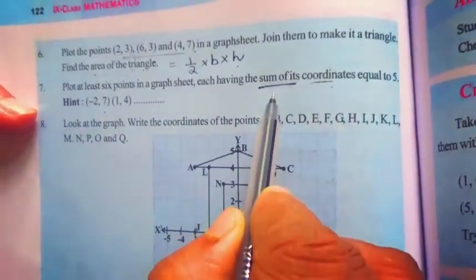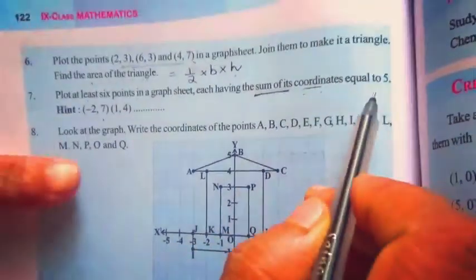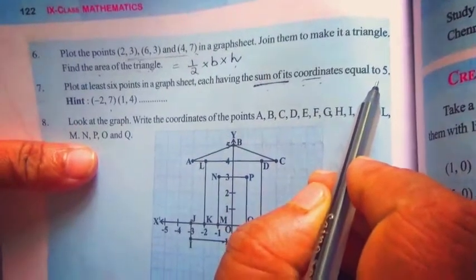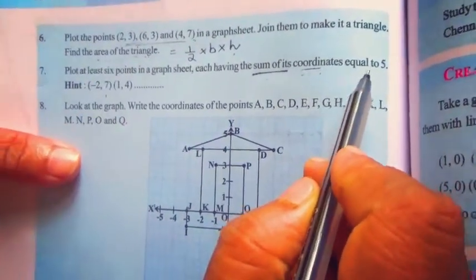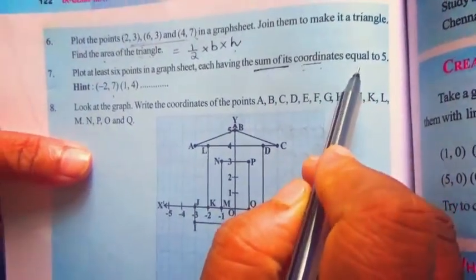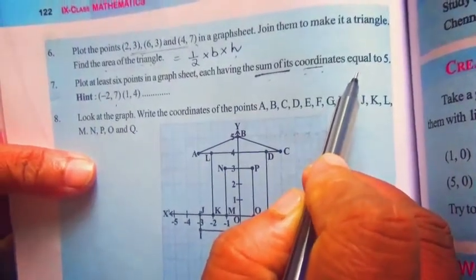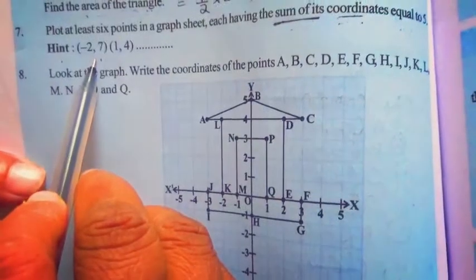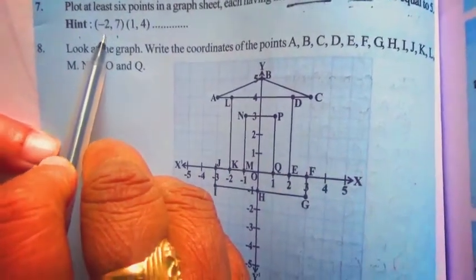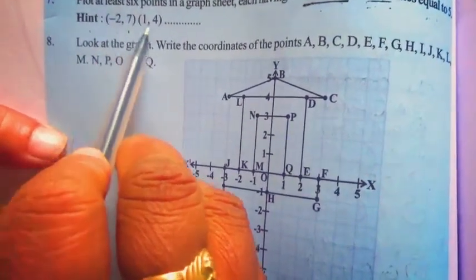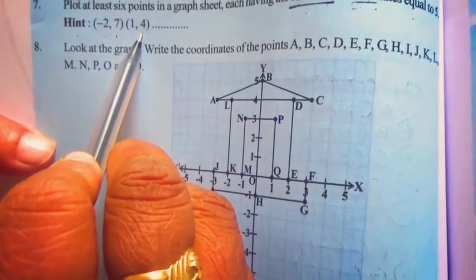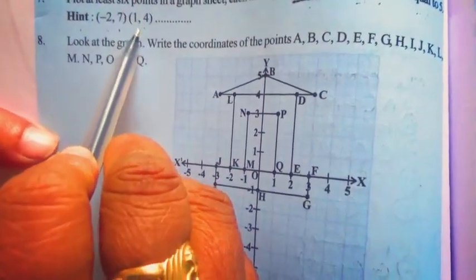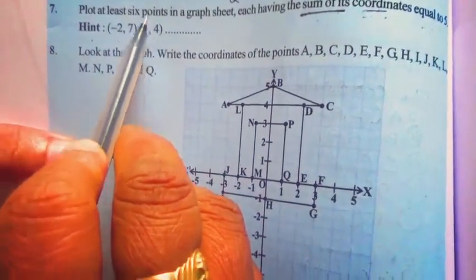When you add x and y coordinates, then you will get 5. So just like that you have to take the points by your own. Here in the hint he gave 2 points. Look at here, minus 2, 7. 7 minus 2 is 5. 1 plus 4, you will get 5. Just like this you have to take at least 6 points.